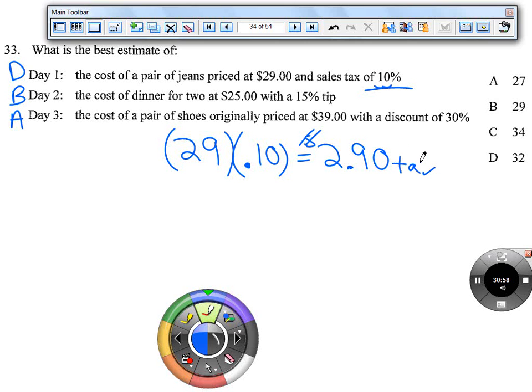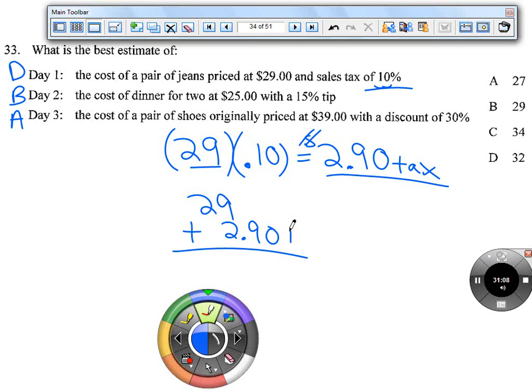That's just for the tax. Then we always have to add that to the price. So we have $29 plus $2.90 for the tax. We add these together, so 29 plus $2.90 would be $31.90. And so what's a good estimate? We just look for whatever is pretty close to that, and we can tell that that's D. It's about $32. Okay?